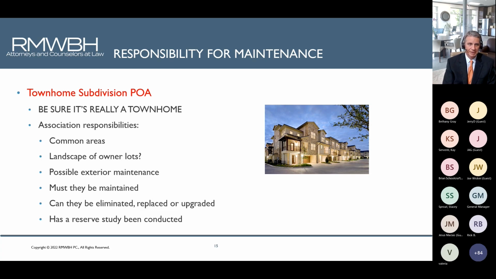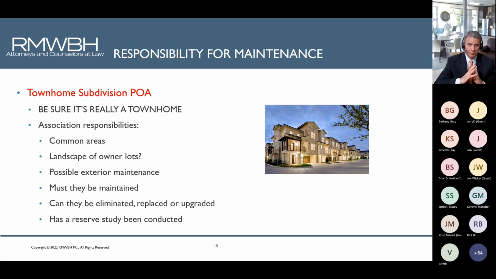versus a single family residence. Possible exterior maintenance. Does that have to be maintained? Also, what in terms of upgrades, et cetera. Look, this is getting into the minutia details. Again, look to counsel when issues arise about questions of, is it even a townhome versus a condominium?